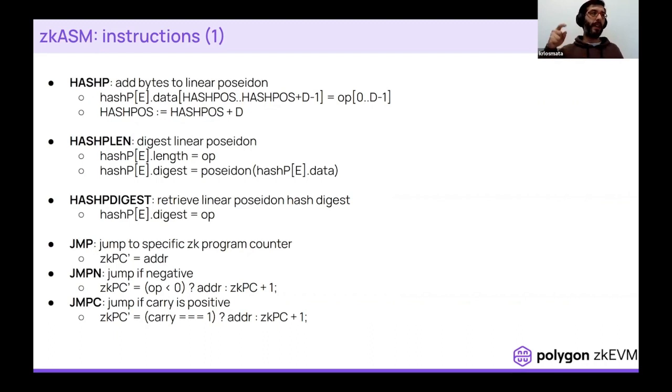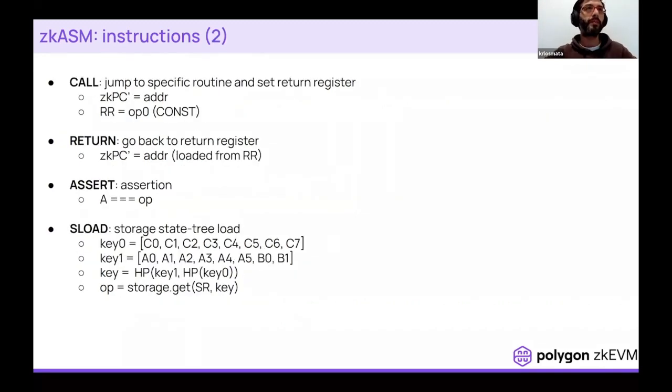The carry, you will see afterwards, depending on the instruction that we perform, could have a carry, so we can jump easily to this address depending on the result of the instruction. I would say it's a helper jump. Okay, we have these two instructions, call and return.